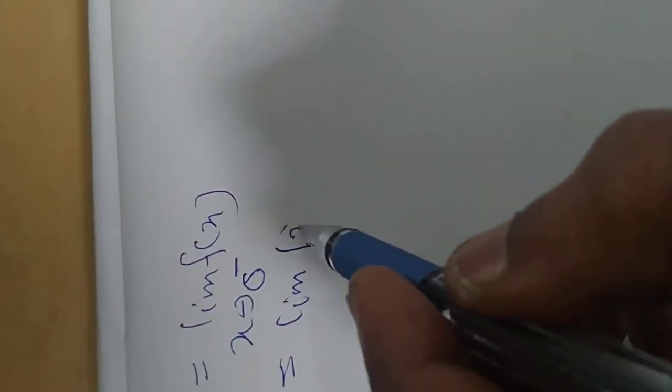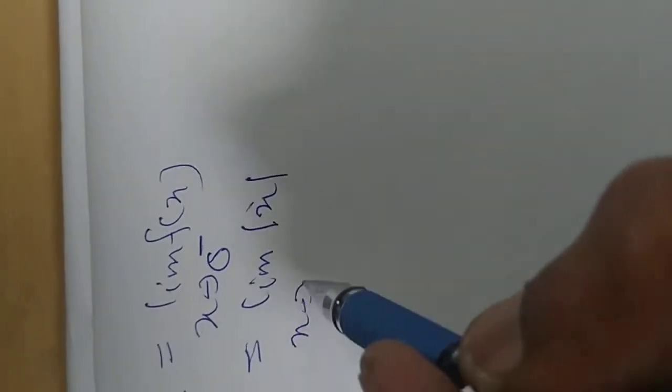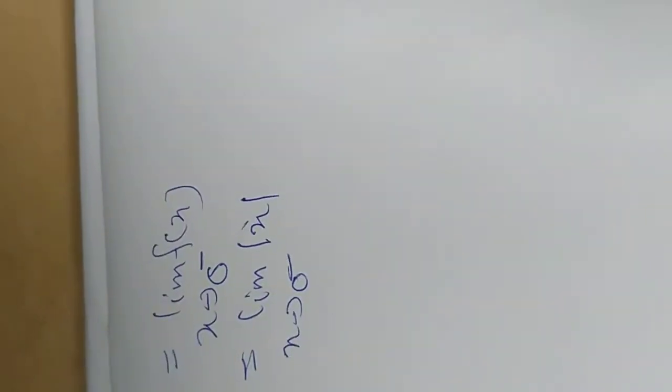This will be equal to limit of mod of x as x tends to 0 minus, and you know how the function is defined.